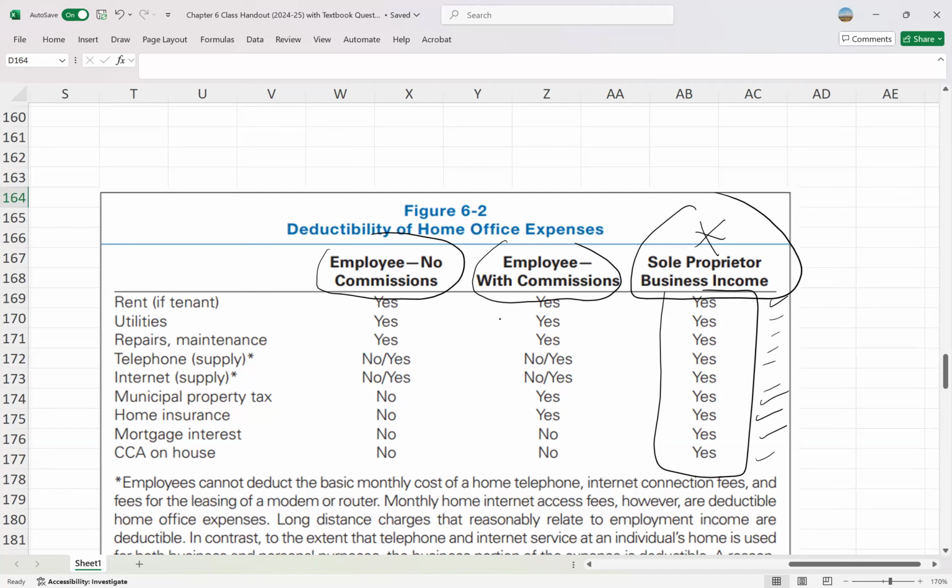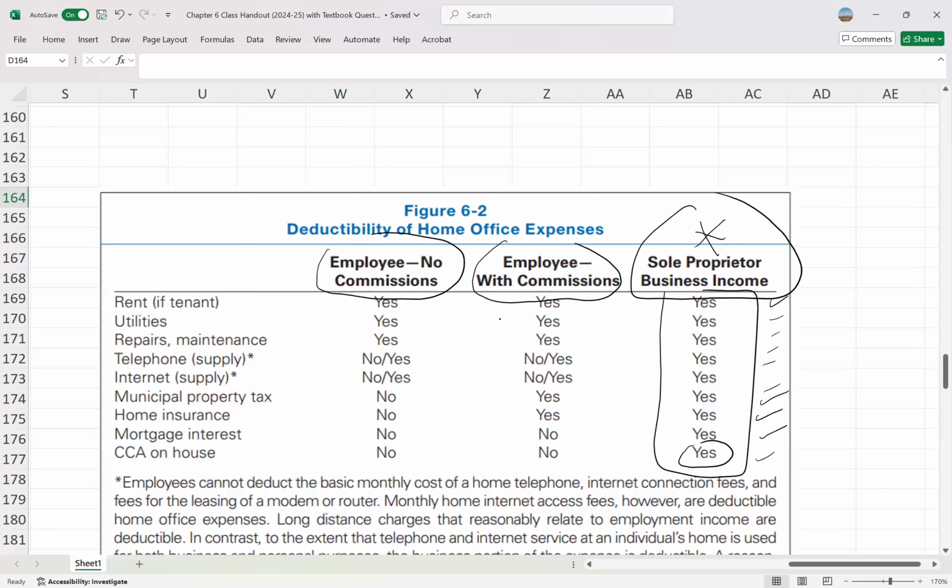A lot of people, even though they can take CCA on the portion of the house as a deduction from their business income, a lot of individuals don't, partly because it could sort of taint the principal resident designation.